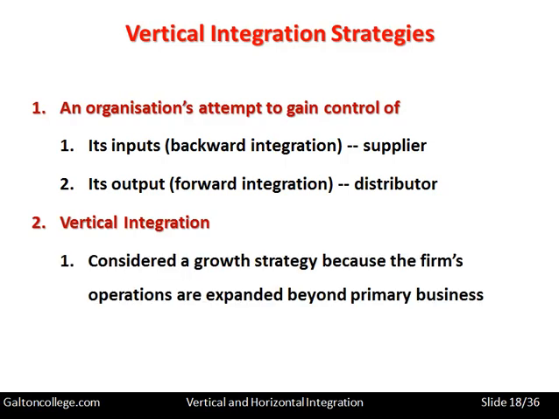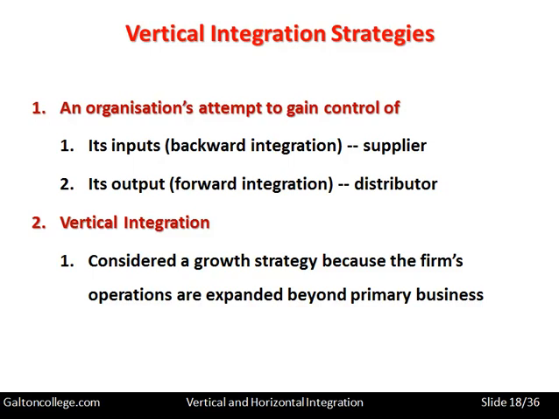So vertical integration is considered a growth strategy because the firm's operations are expanded beyond the primary business. So it is a growth strategy. The business now, if it's backwards vertical, has a business further back producing the raw materials or the components that it needs.